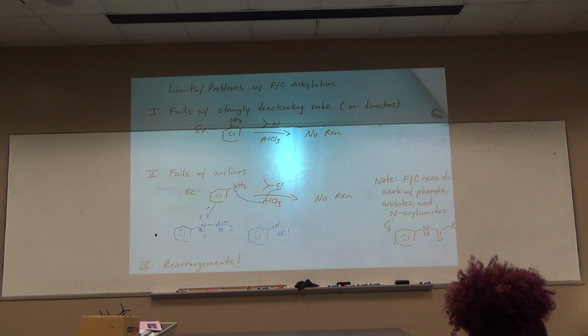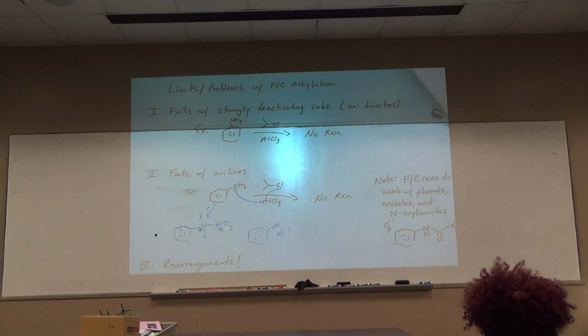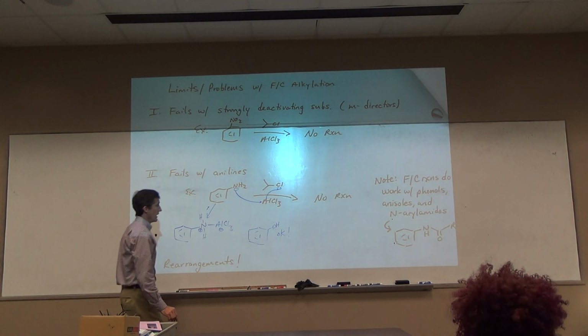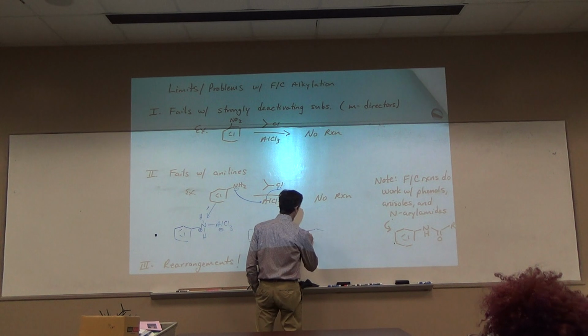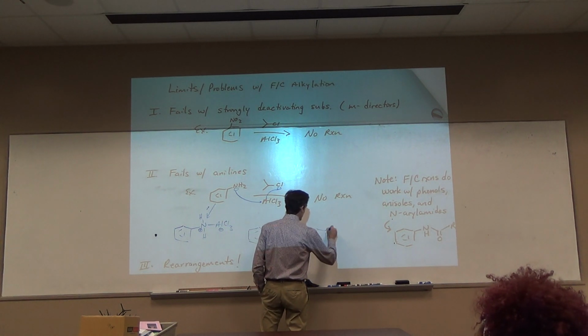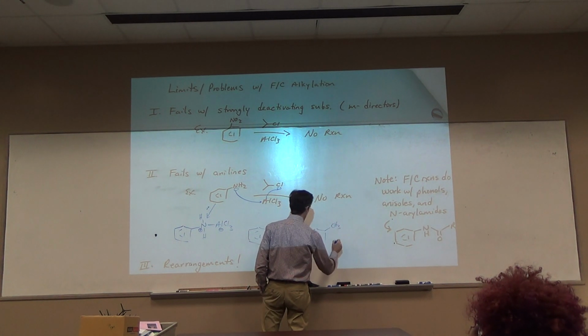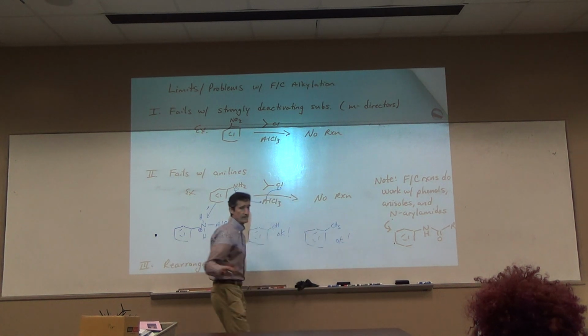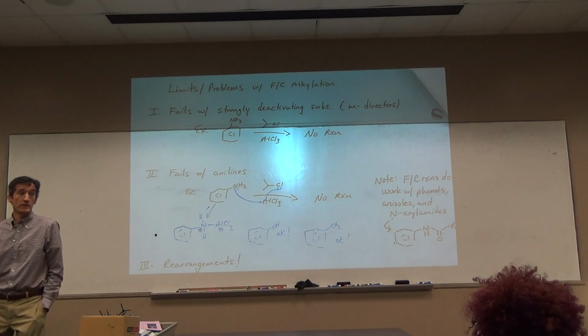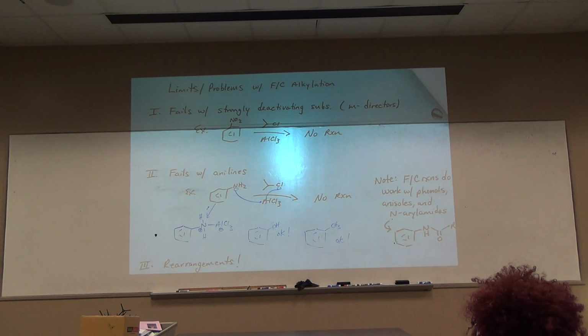But apparently it doesn't coordinate significantly, because we know oxygen is not as basic as nitrogen. And of course, something like an alkyl group, like toluene. That's okay, because the methyl is not going to coordinate with the aluminum. It has no lone pair.